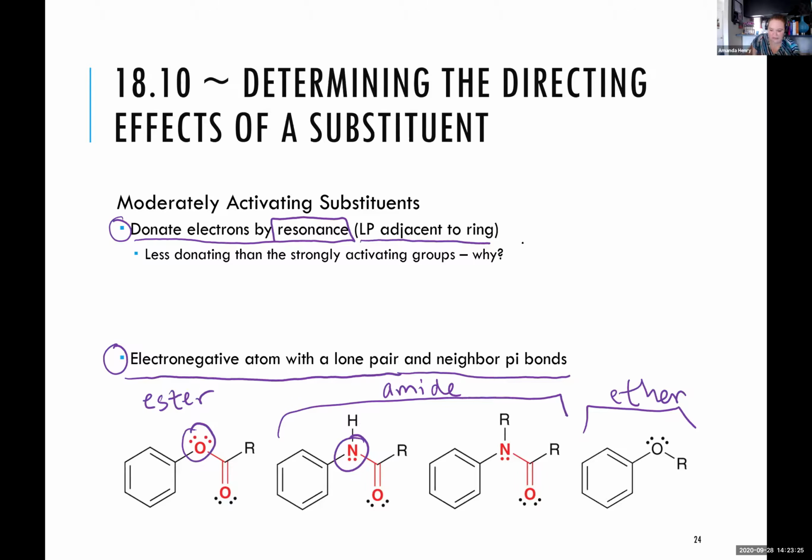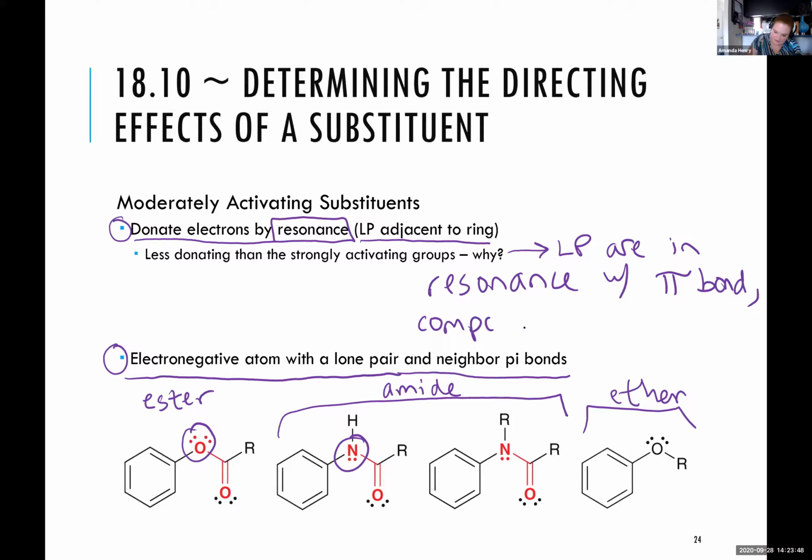So let me answer my own question up here in writing. Lone pairs are in resonance with pi bond. So another way to say that is that there is competing resonance.